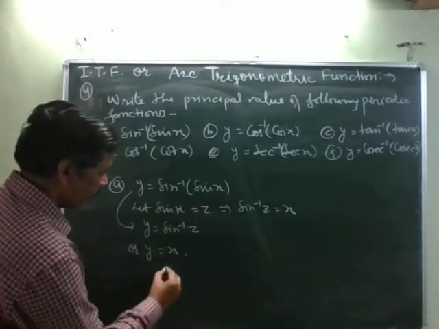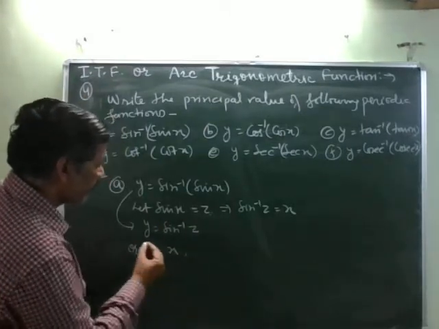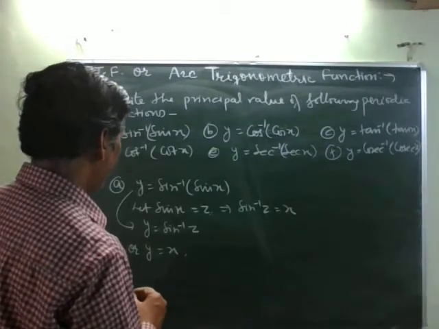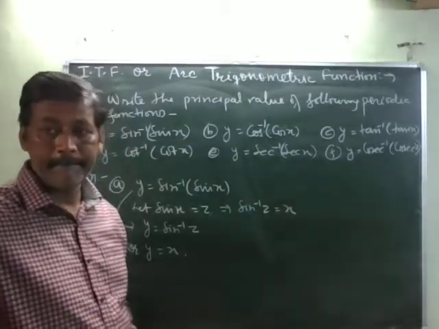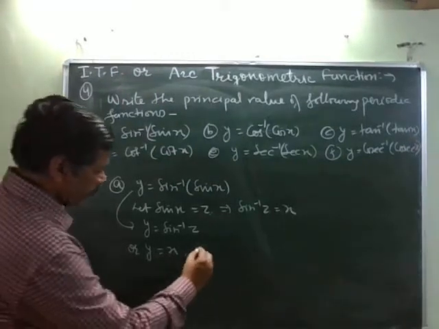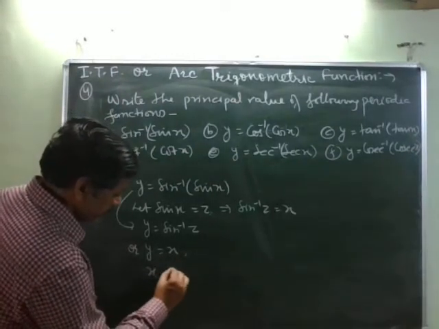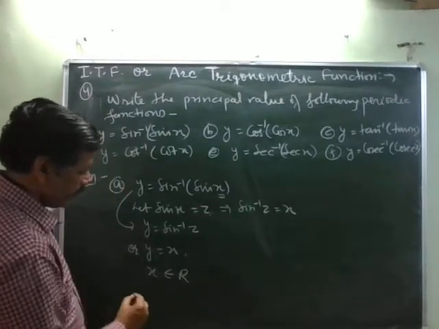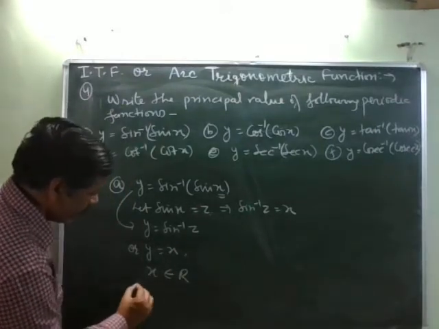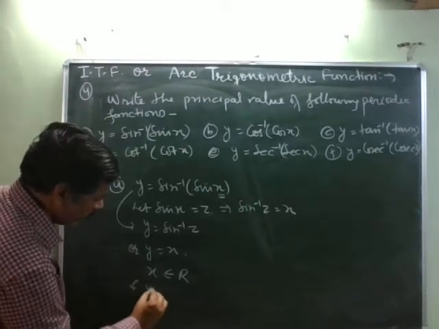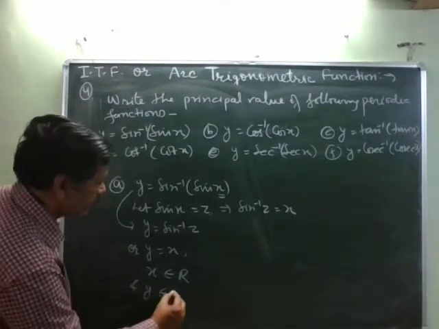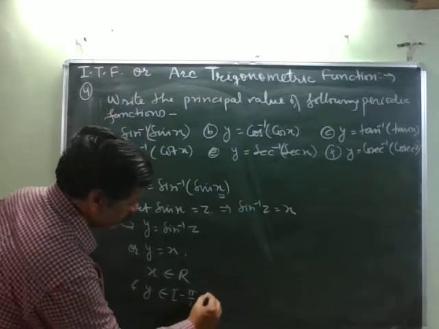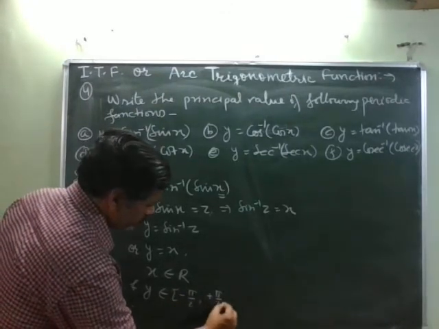But here x belongs to R, and y belongs to minus pi by 2 to plus pi by 2.